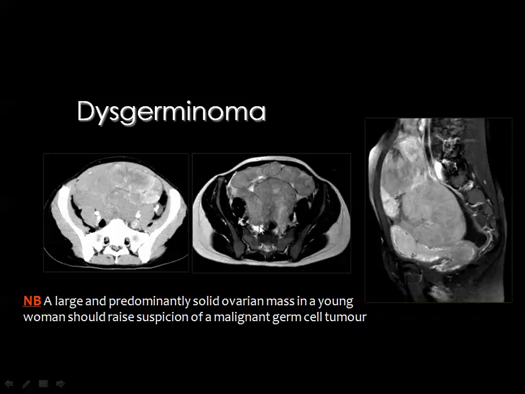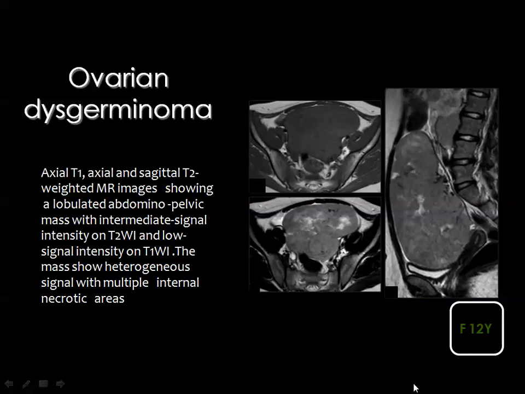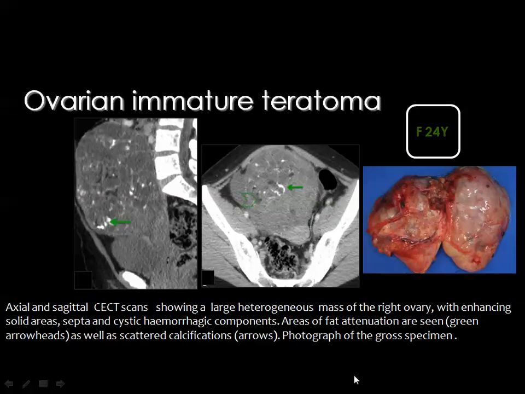And you see a big mass by CT and a big mass by MRI. And this is a female 12 years old with a huge pelvic abdominal mass, occupying most of the pelvic and the lower abdominal cavity, compressing the bladder, displacing the uterus posteriorly. Then you know that this is of adnexal origin and the diagnosis of this dysgerminoma is easy.